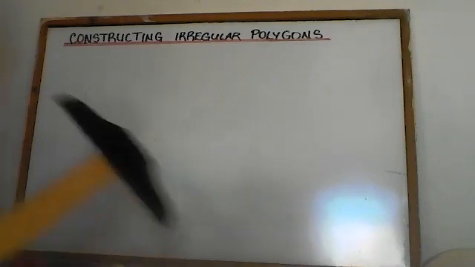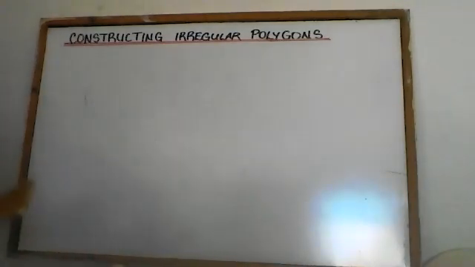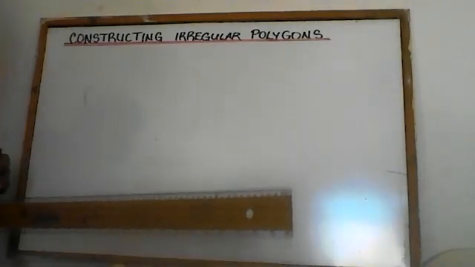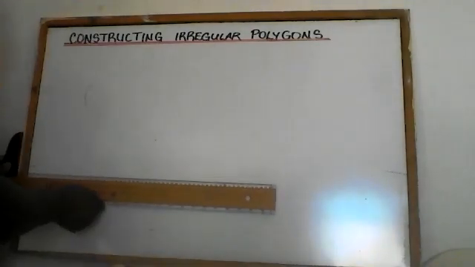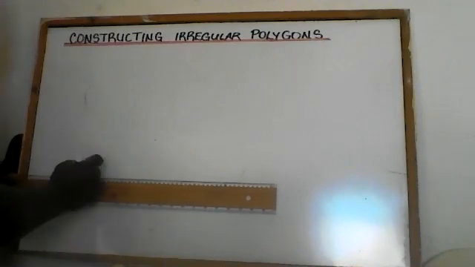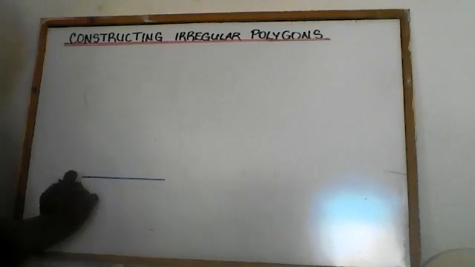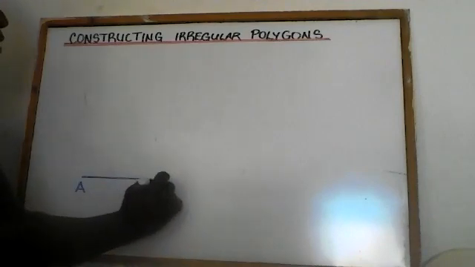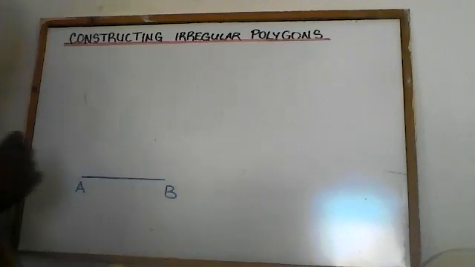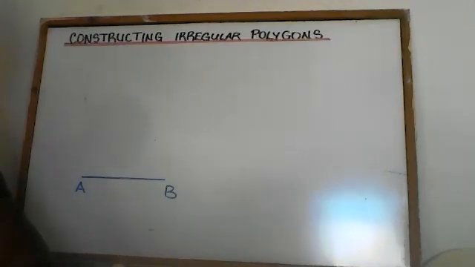The first thing we're going to do is draw the baseline AB equal to the given measurement of 50 millimeters. So I'm going to use my T-square and draw my horizontal line, call this A, B, and this is of course 50 millimeters.